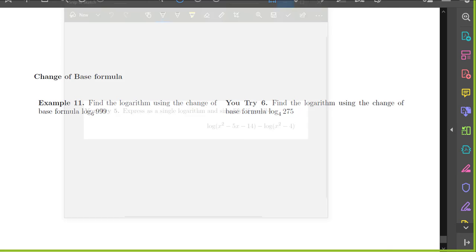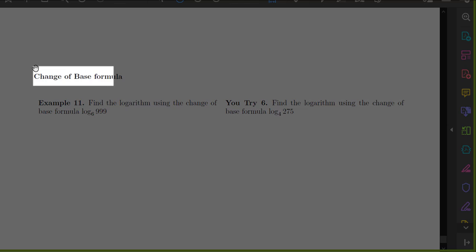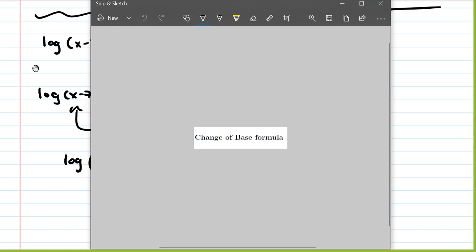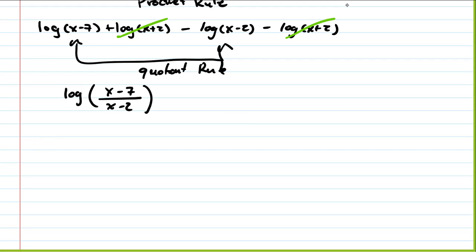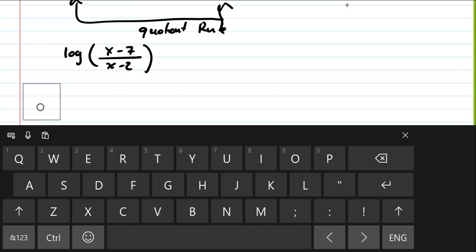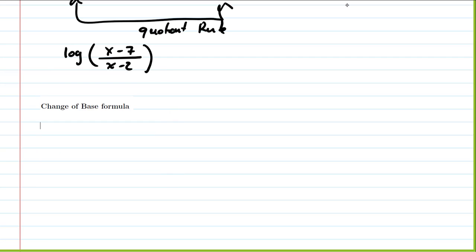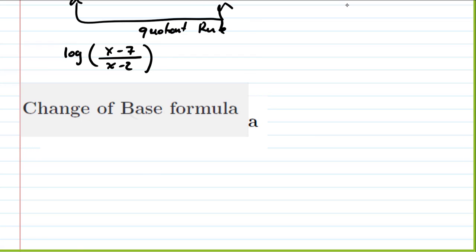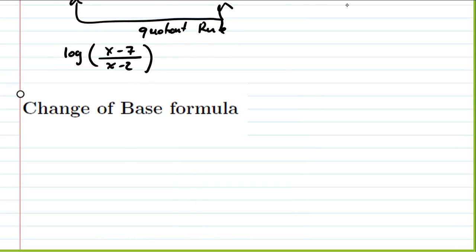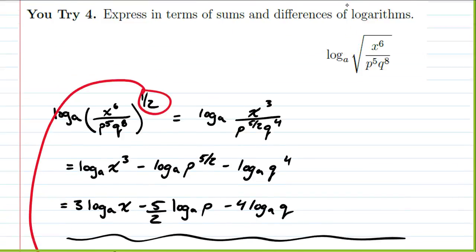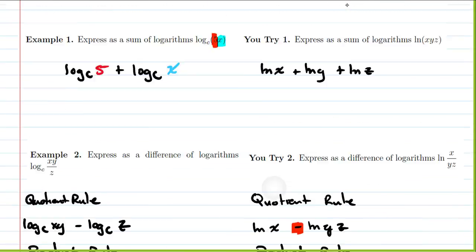All right. The next thing I want to talk about is the change of base formula. So it's in that table at the very front of this, but we should mention it. So the change of base formula tells us how to change the base of any logarithm to any other logarithm.